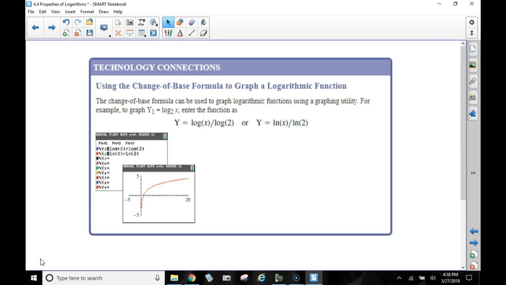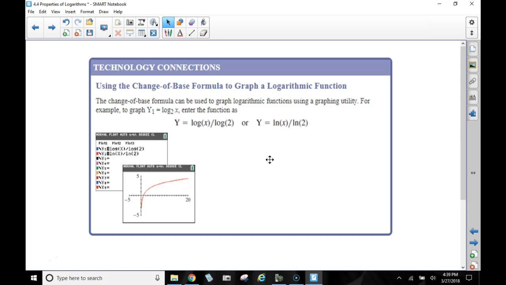And also, you can use the change of base formula to graph things like y equals the log of x with base 2. Remember back in the last section, we had to change that to 2 to the y equals x, pick out some values of y and calculate that. Well, now that we know that the log of x with base 2 is the same thing as the log of x divided by the log of 2, or you can say natural log of x, the argument, divided by the natural log of 2, the base.